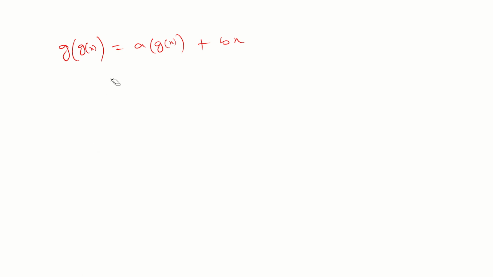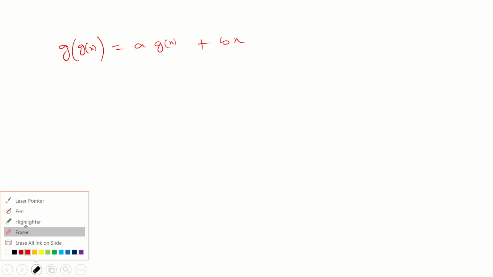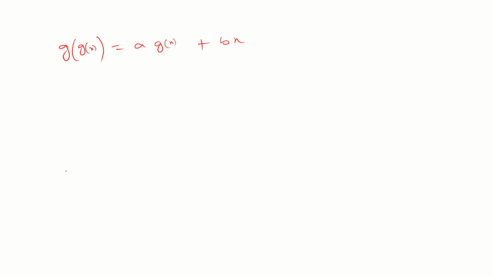We just have to ask ourselves whether this function is injective or not. Because whenever we are confident that this function is injective, we can say that it is strictly increasing or strictly decreasing.